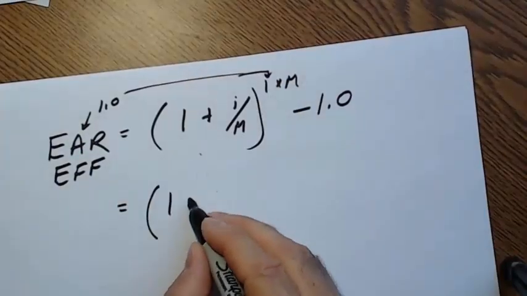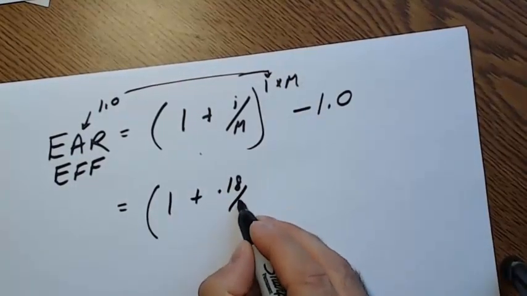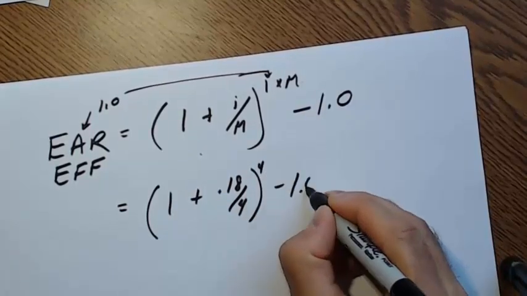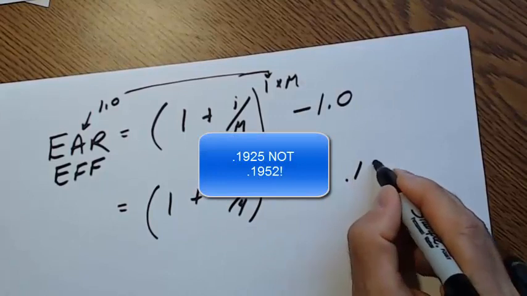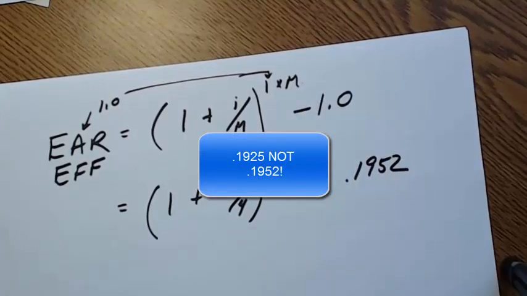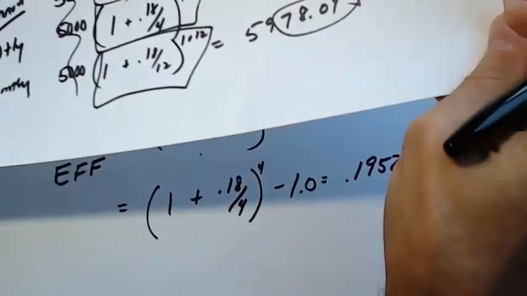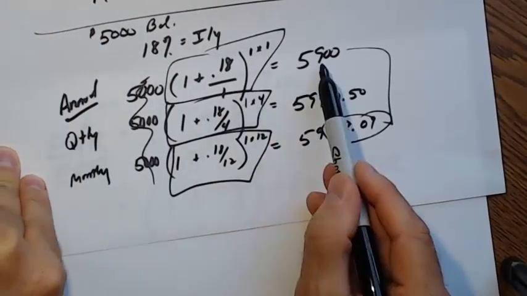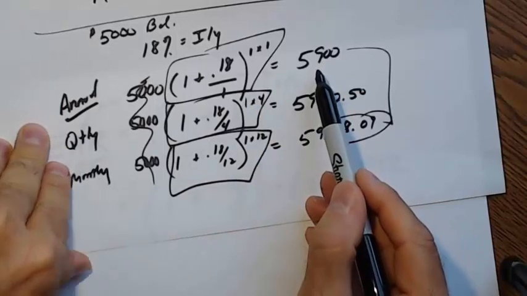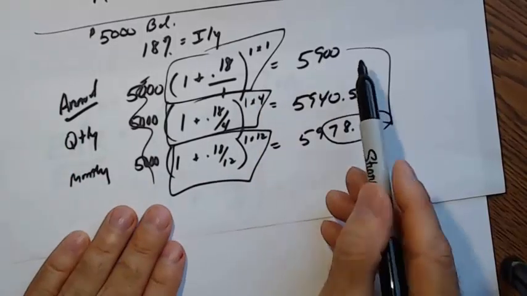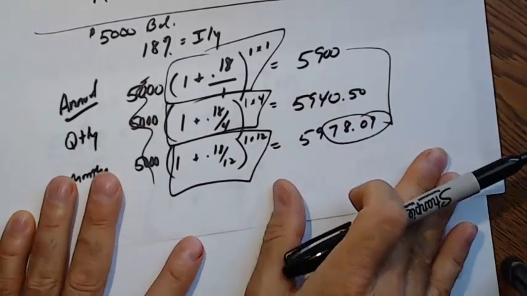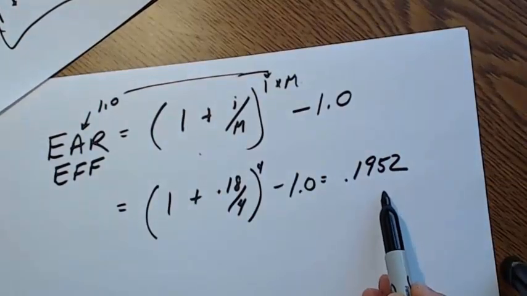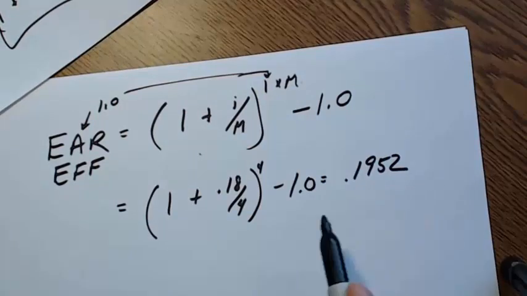Let's calculate it. 18 divided by 4, to the 4th power, minus 1 gives me 0.1952. So the interest rate that's embedded in this calculation is not the 18%, because 18% gets you to a balance that you owe of $5,900. Here you owe $5,940. It's really a little over 19.5% interest rate.